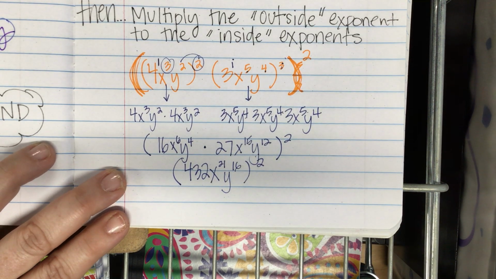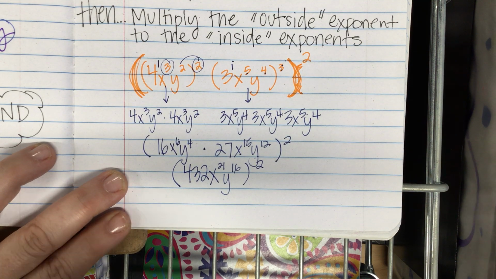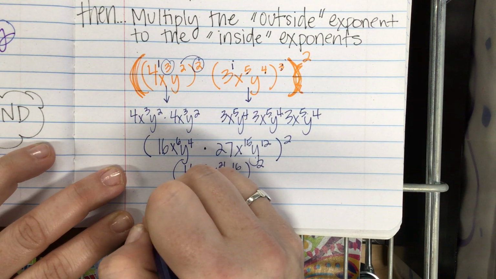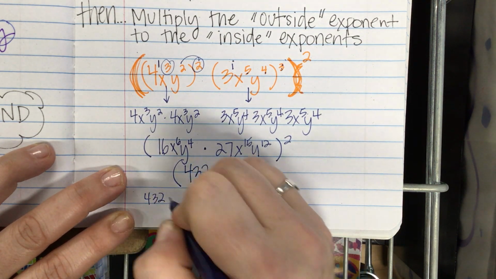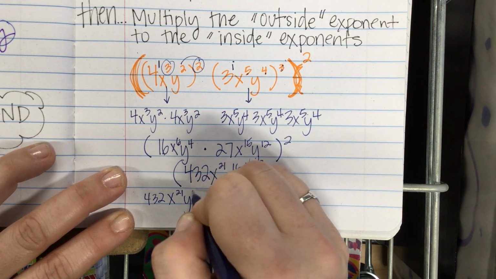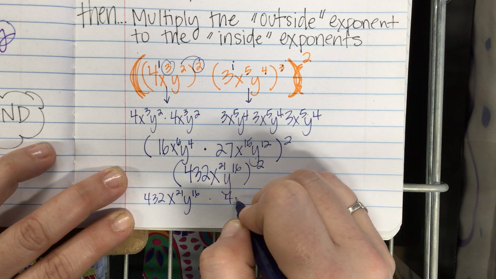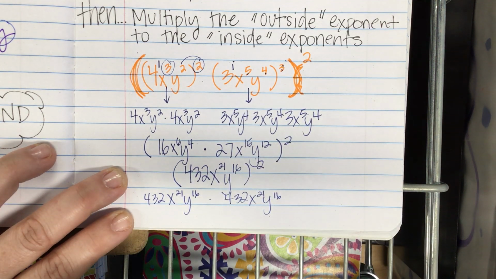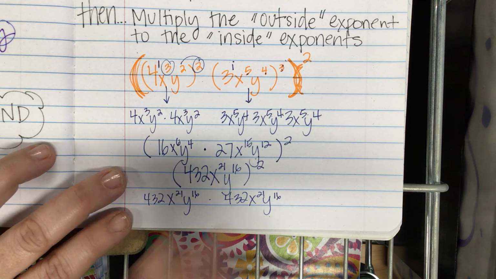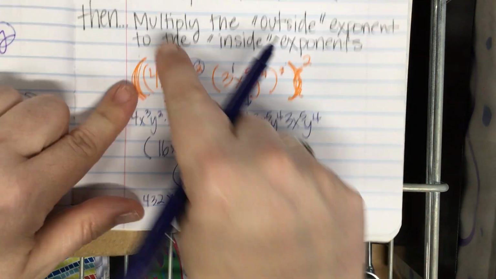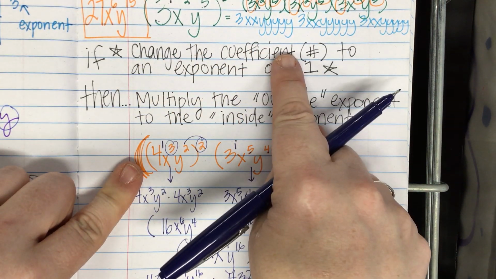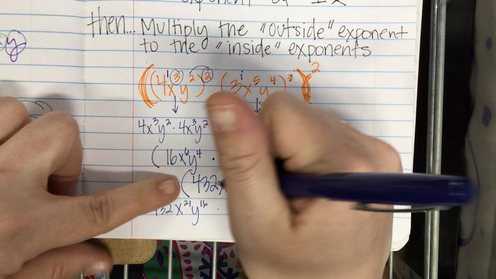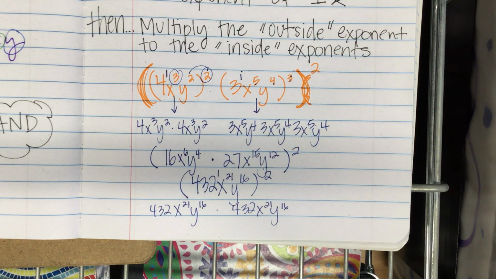Squared. I can rewrite that as 432 x to the 21st, y to the 16th times 432 x to the 21st, y to the 16th. And go from there. Or if I remember to change my coefficient to an exponent of 1, I can use the shortcut.